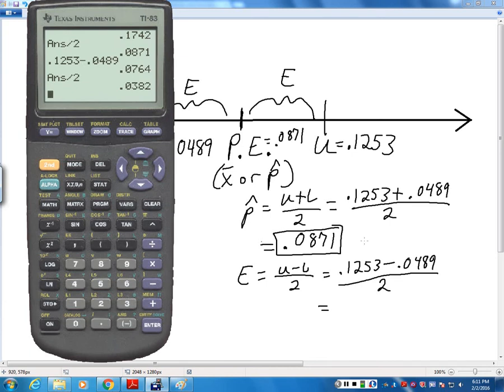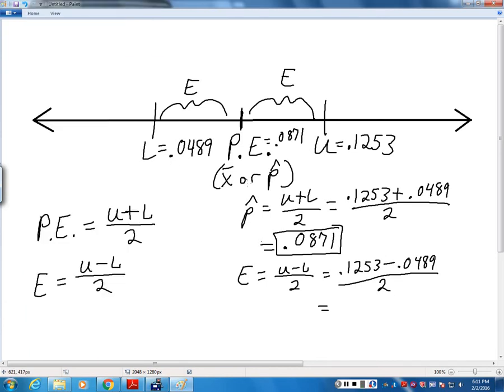And I get 0.0382. That's my margin of error. And that's the distance between the point estimate and the upper bound, the distance between the lower bound and the point estimate as well.